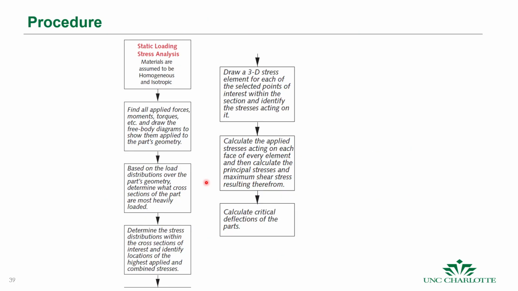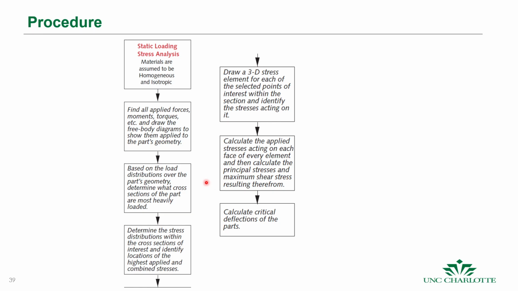Okay, so how do we figure all this out when we have a real problem? Well, you make some assumptions about the materials and make sure that those assumptions are reasonable. If you have a material with different properties in different directions, then you're going to have to consider that, and if you're working with composites, these equations are not going to directly apply.